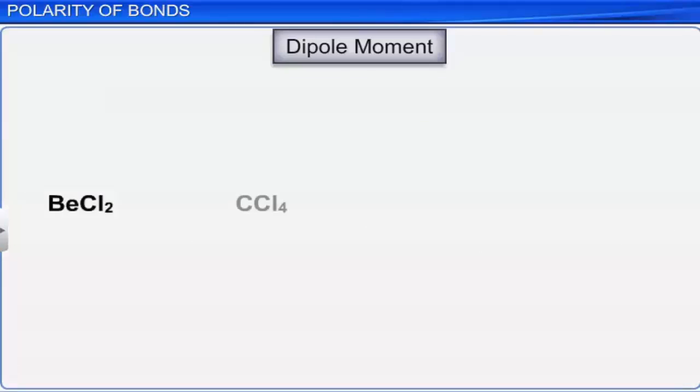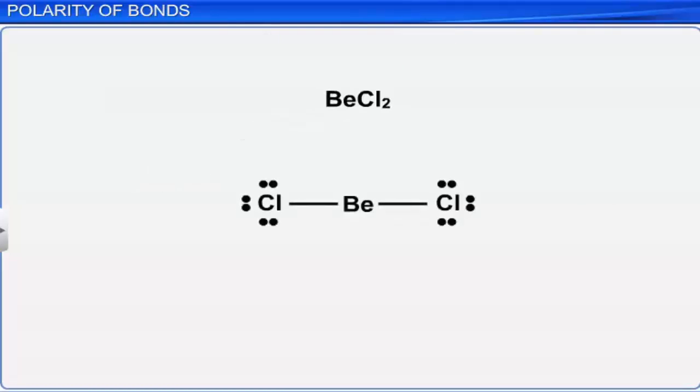Let us calculate the dipole moment of some molecules. Consider the beryllium chloride molecule. It is a linear molecule with a bond angle of 180 degrees. In the beryllium chloride molecule, two beryllium chlorine bonds are present in opposite directions.